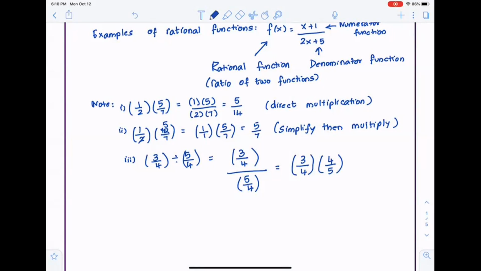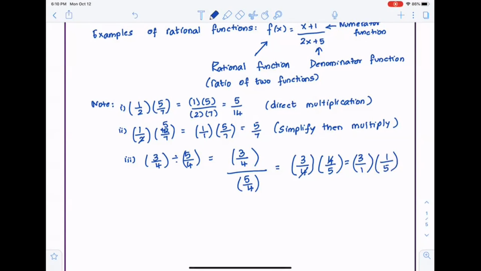Then we take one of the two approaches that I discussed in pointers 1 and 2. Either you do direct multiplication if you have nothing to simplify, or you simplify, then multiply. Here, those two would get cancelled. Anytime you cancel in multiplication, you leave behind 1 or whatever number gets left behind.